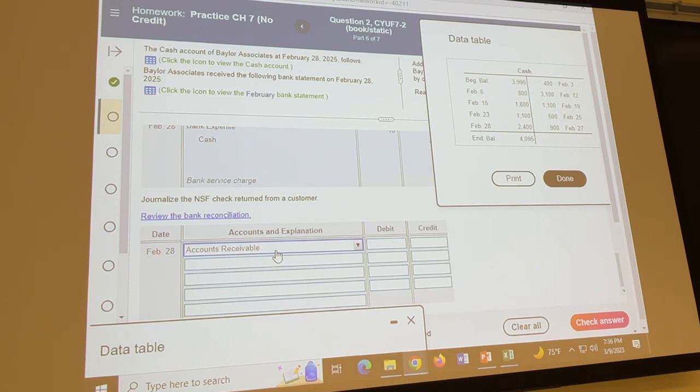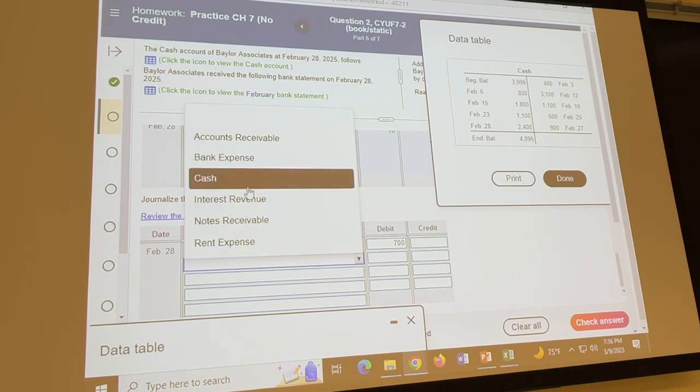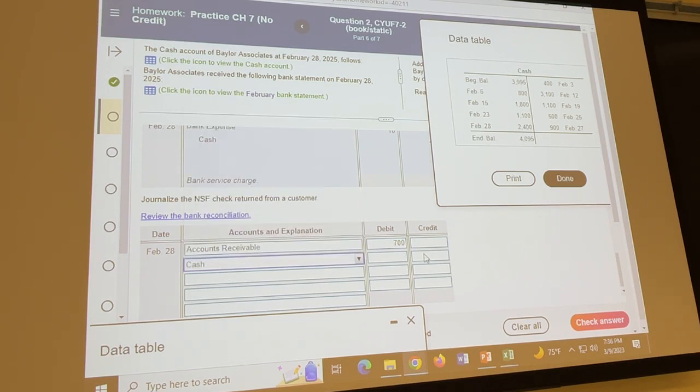So that's why we're debiting accounts receivable to put it back on our books. And this was for $700. And then we will credit cash, $700. And at the bottom, NSF check returned by bank.